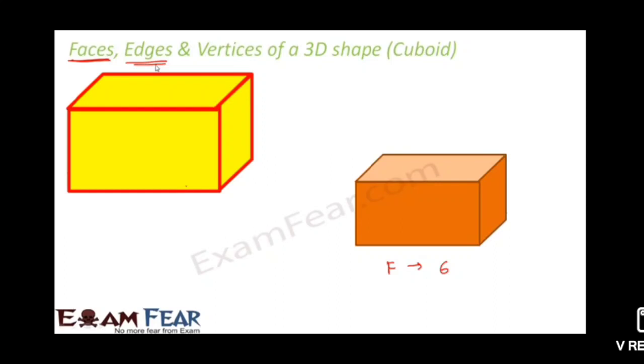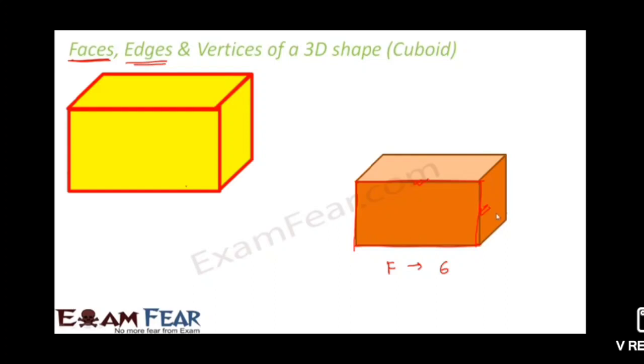Then the next is edges. An edge means the line segment which joins 2 faces together. Edge means line segment. This is one edge, this is the second edge, third edge, then fourth edge. That means a face has four edges. This edge joins two faces, top and bottom.